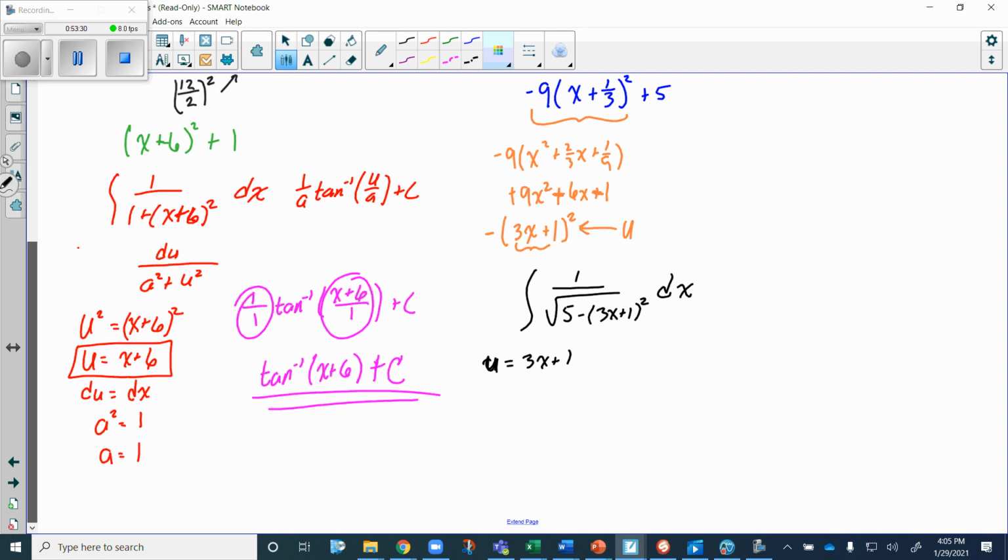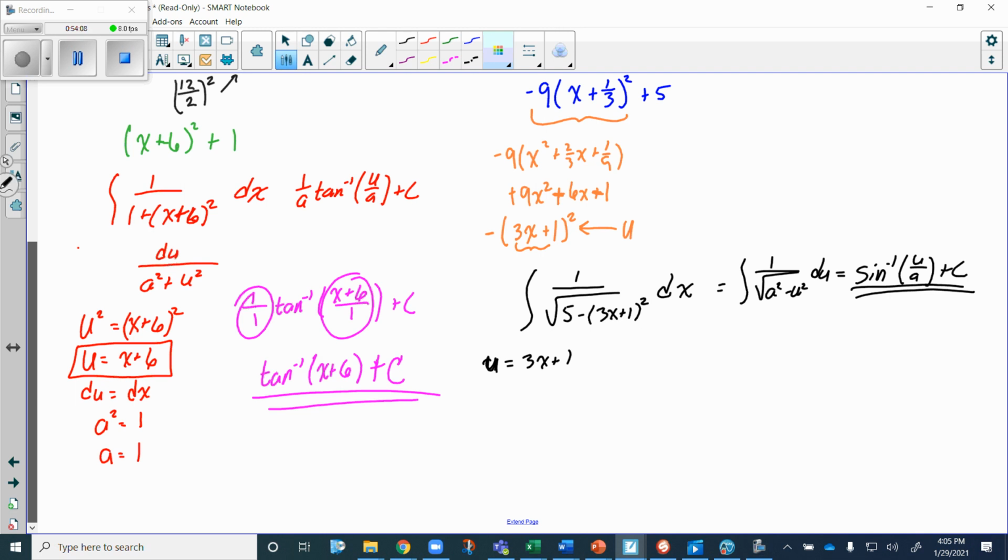We don't really need the derivative on this one because the rule for sine is going to work out to be: the indefinite integral of 1 over the square root of a squared minus u squared du is inverse sine of u over a plus a constant of integration. That's the rule that we're working with here.